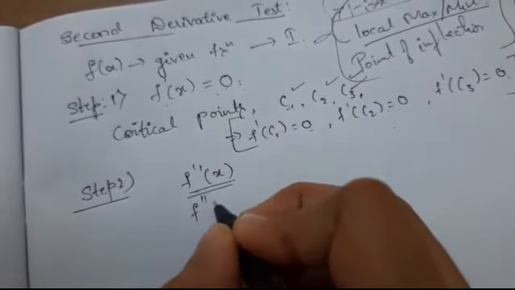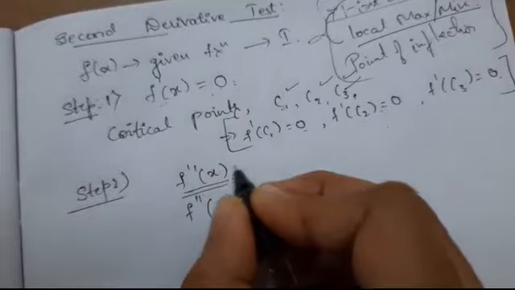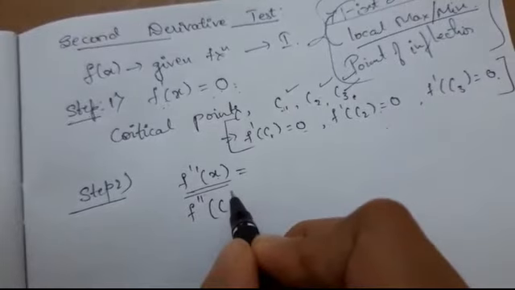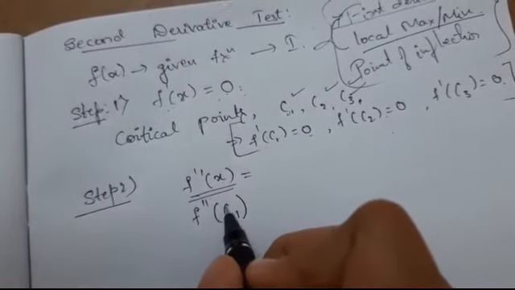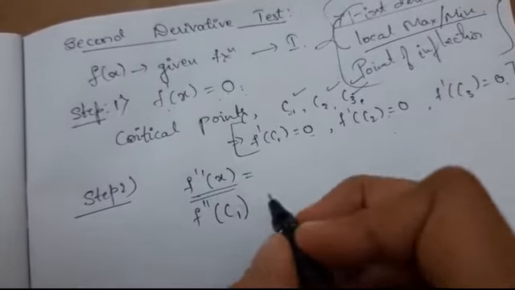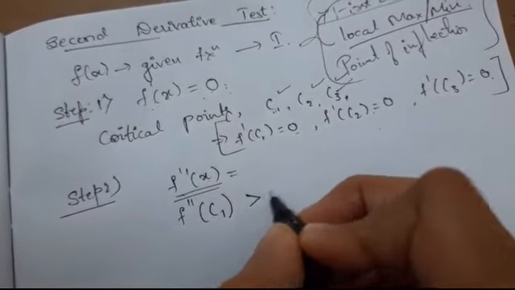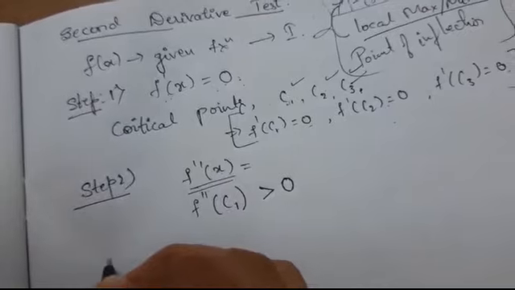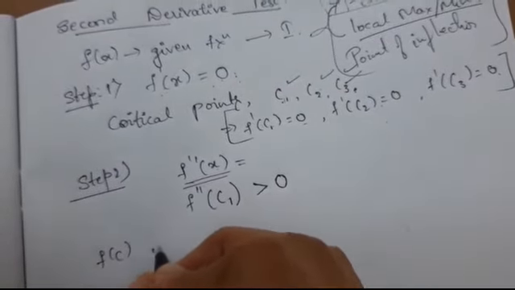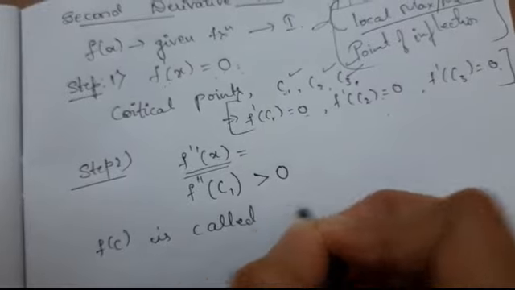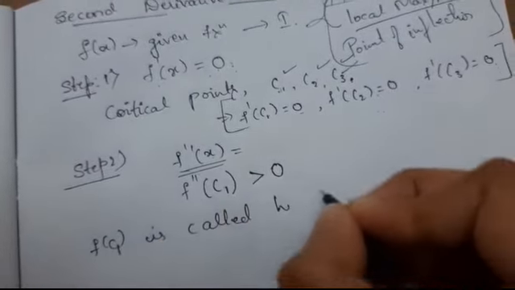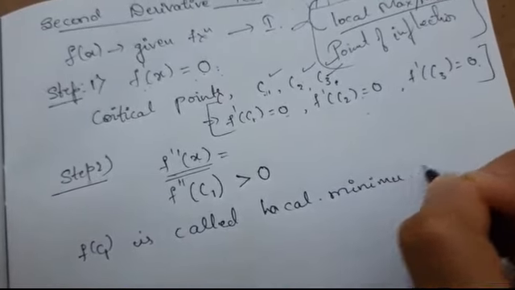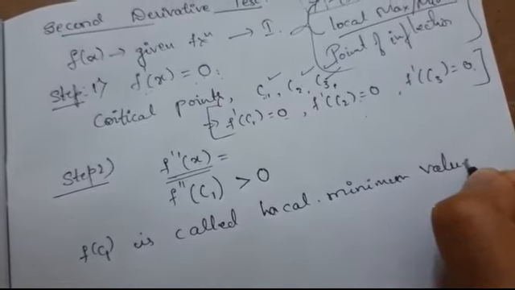That is, when you input the critical point, say x equal to C1, in the f double dash of x equation, if that value is greater than 0, then f of c is called, here it is C1 and not C not, f of c is called the local minimum value.